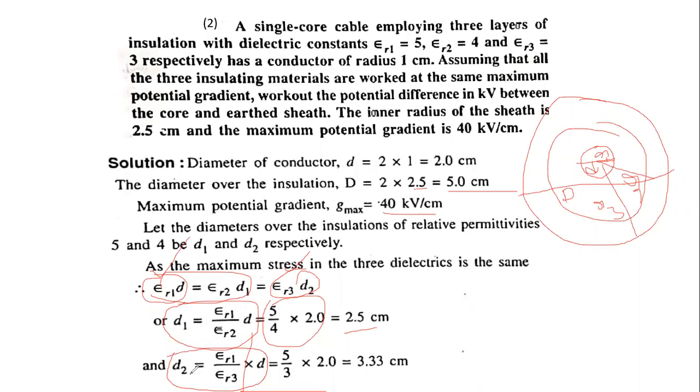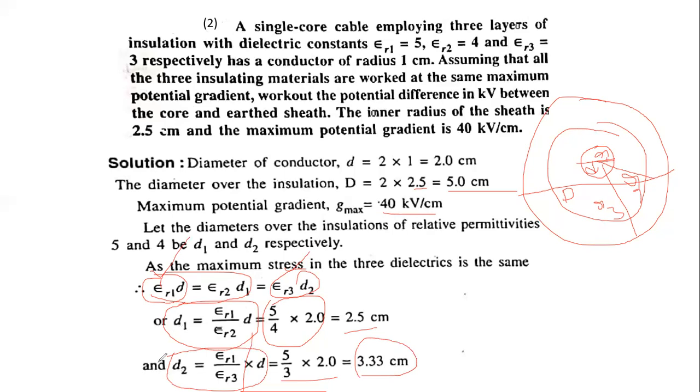Therefore, D2 is equal to epsilon R1 by epsilon R3 into D. That is equal to 5 by 3 into 2, which is equal to 3.33 centimeters.